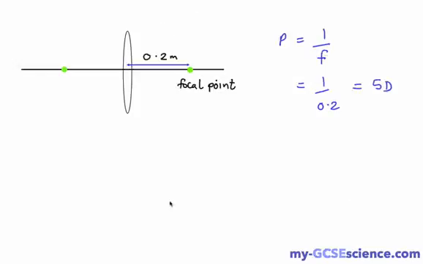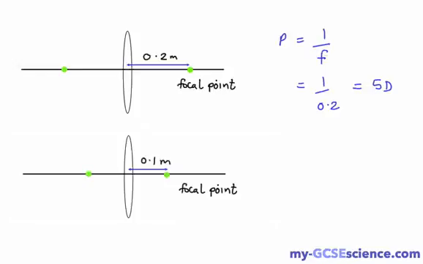If we then took a second example, let's have a lens which has a focal length of 0.1. In this case it would be 1 over 0.1, and that would be 10 diopters. And if you think about it, that actually makes sense. This lens is refracting the light rays more. The principal focus is nearer, so we get more refraction, and it makes sense that the lens power is much greater, more refraction going on.